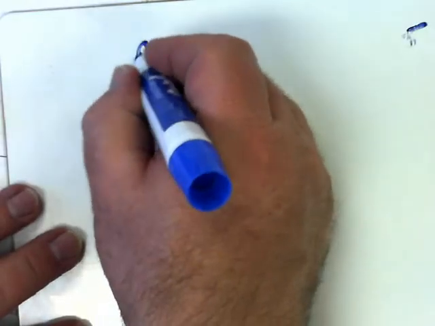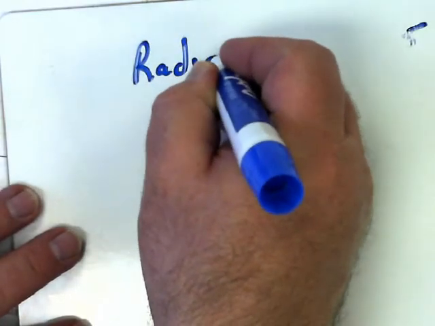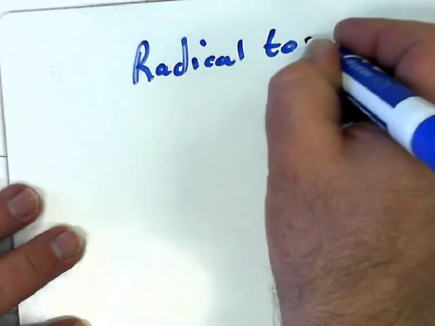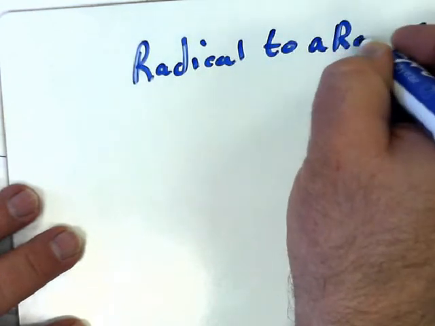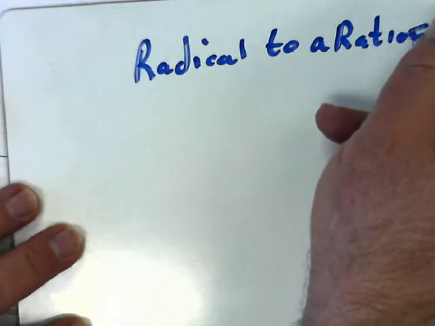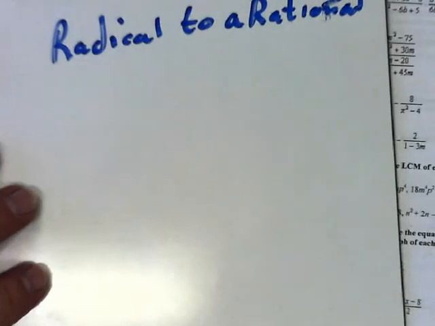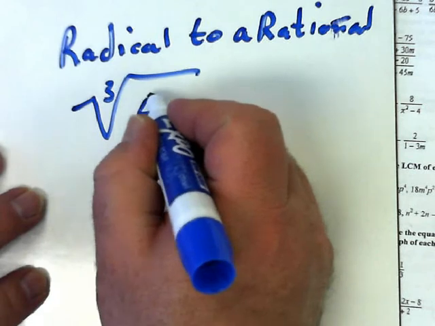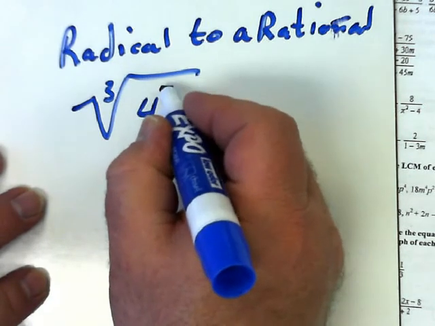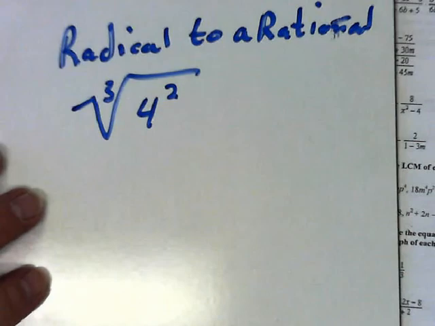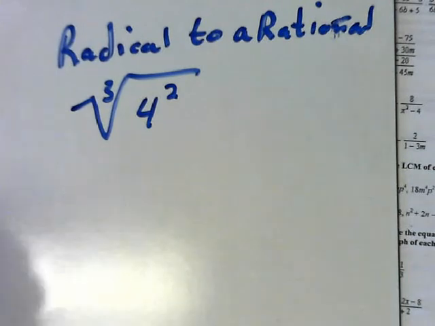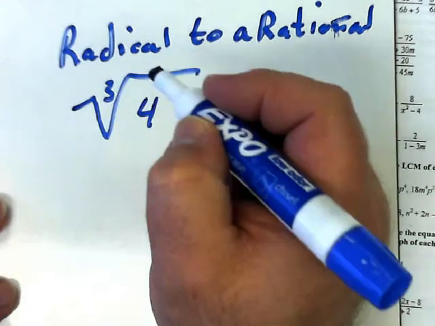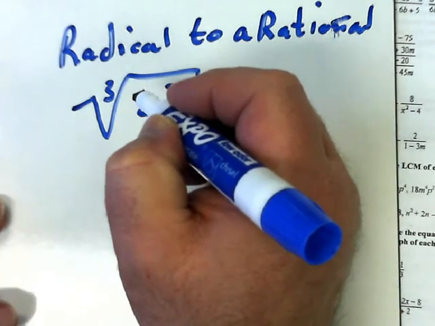Okay. How can I go from a radical to a rational? In other words, how can I go from a radical to having a fractional exponent? Well, we do just the reverse of what we did before.